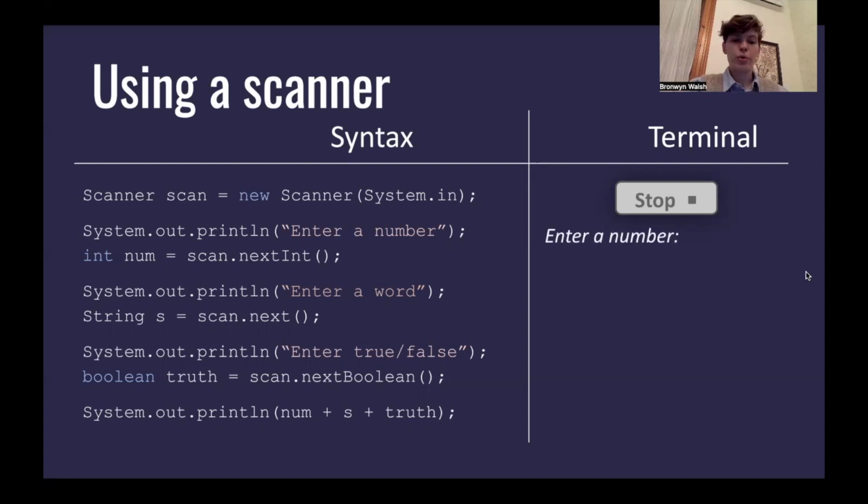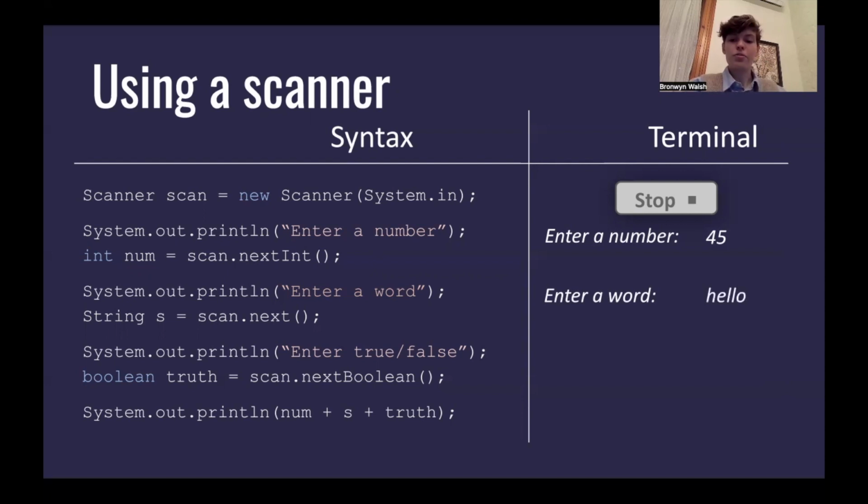When we click run, the program first outputs the phrase enter a number. I could then type a number into the terminal, for example, 45. We can see on the left that the program stores this value in the int variable num. The program then prints this next print statement, enter a word. The user could then type into the terminal. In this case, I might type hello.